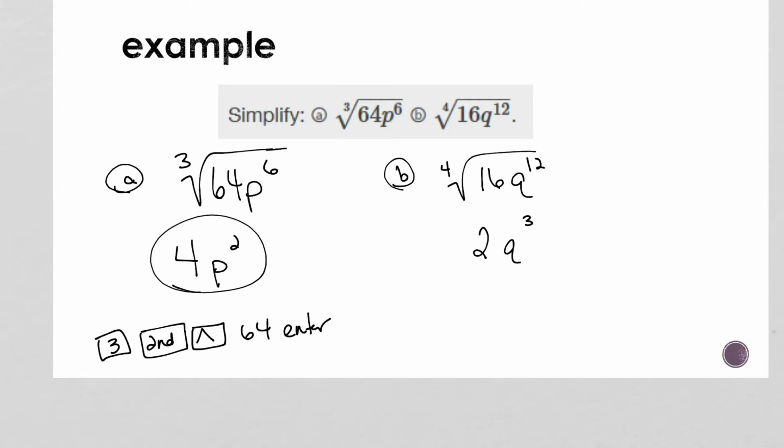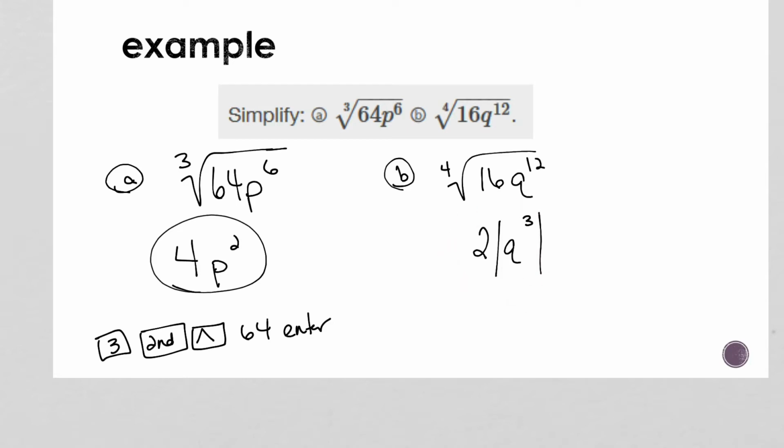Now, this one does require absolute value bars right here, because it is possible that if q were negative, we would end up with a negative number, okay? So if it were squared, it wouldn't matter, all right? Because remember, numbers raised to the 3rd power, if it's a negative number, could end up being a negative number, and we can't have a negative under this radical, okay? So that's why we have to have our absolute value bars on this problem.